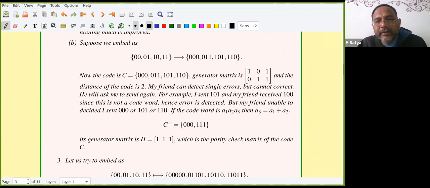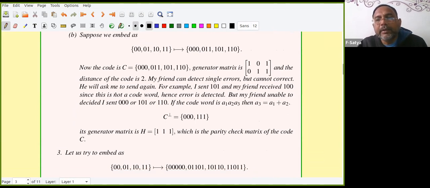This is called the parity check code. What is the generator matrix for this? We are adding the last bit.